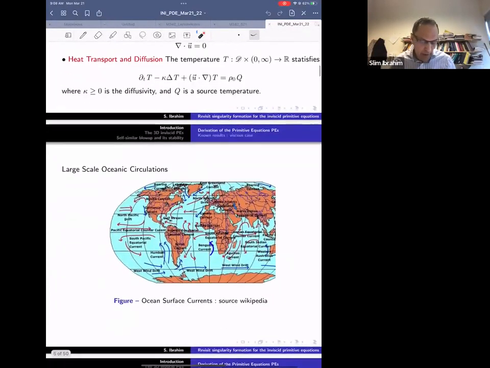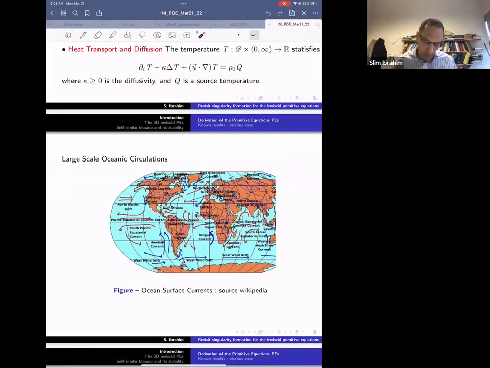If we observe the flow circulation in the oceans, and we want to study this using the Boussinesq approximation, then we can see that there is a difference between the horizontal scale and the vertical scale. The horizontal scale can go to a few thousand kilometers, while the vertical scale, which is the depth of the ocean, can be a few kilometers.